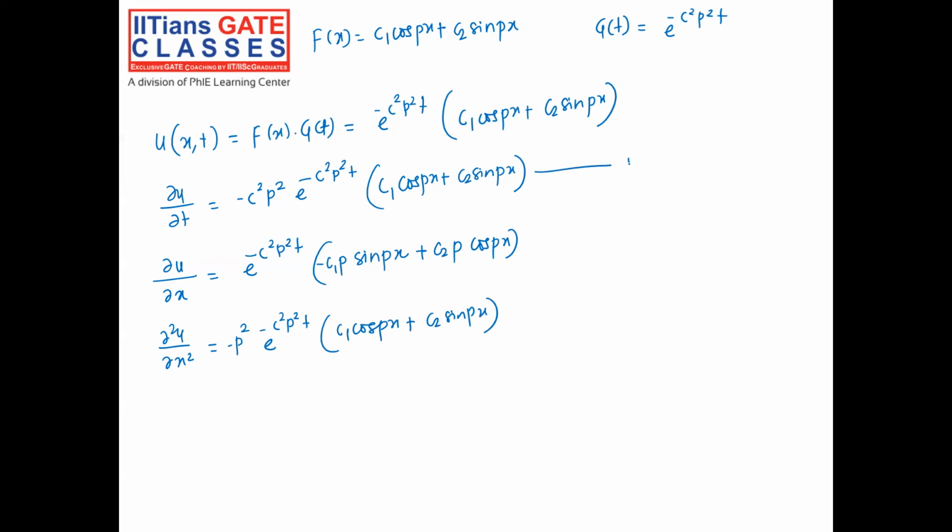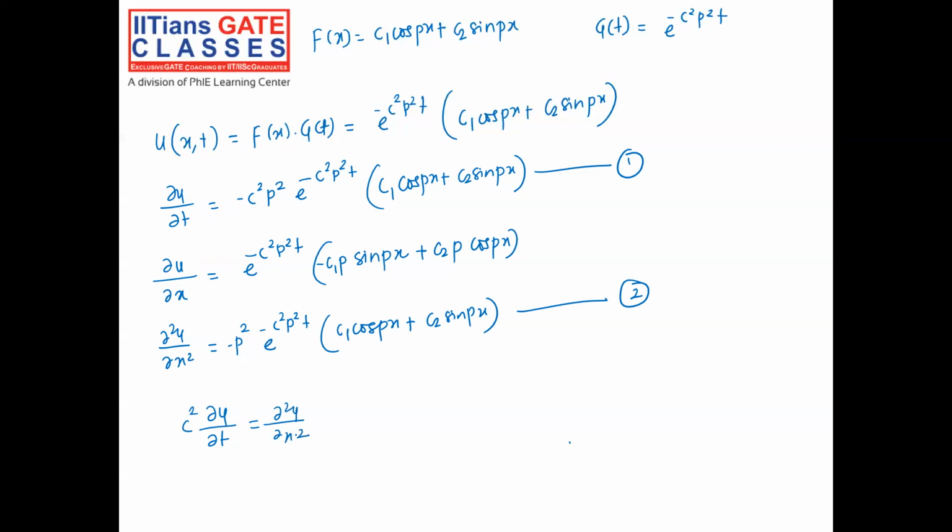So if you compare equation number 1 and equation number 2, you will realize that they are very similar. So you can say dou u by dou t multiplied by c square is equal to dou 2u by dou x square.